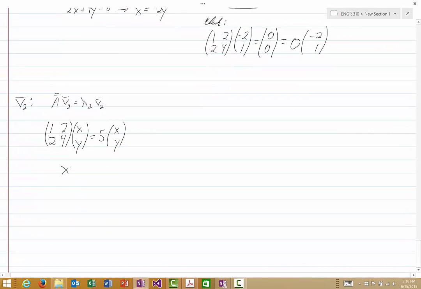And so x plus 2y, 2x plus 4y is what we get on the left-hand side, and on the right-hand side we get 5x, 5y.